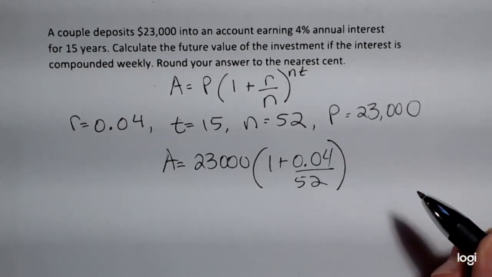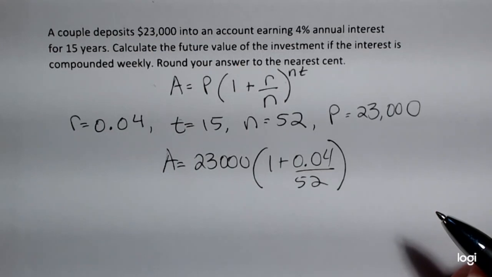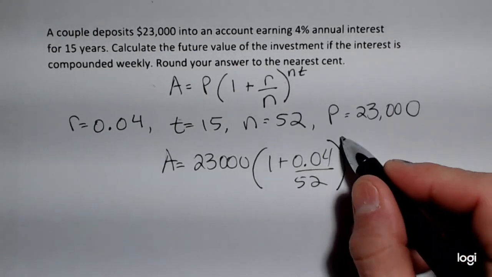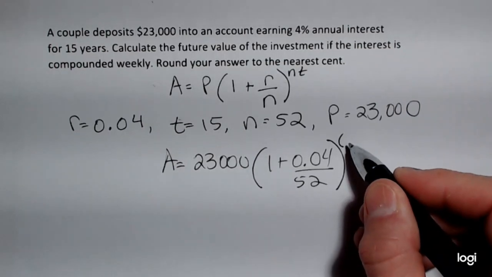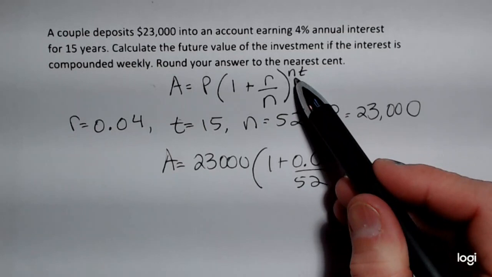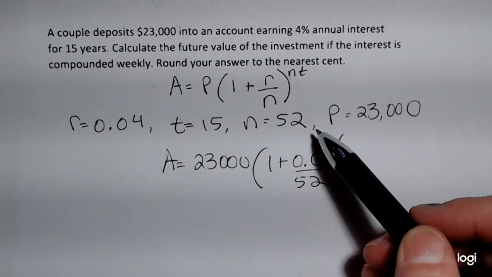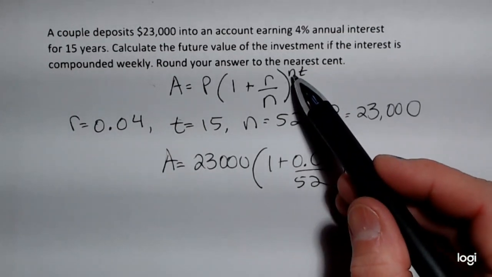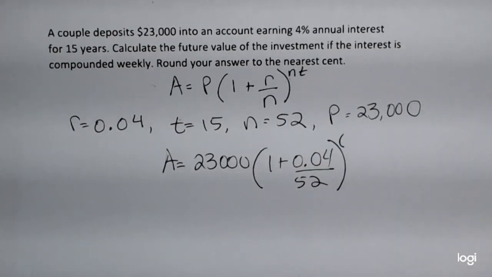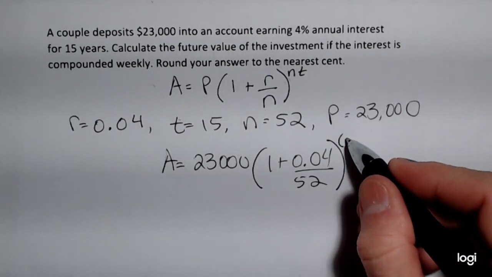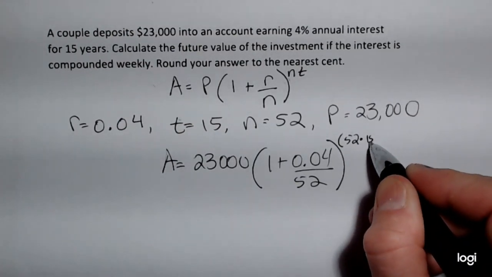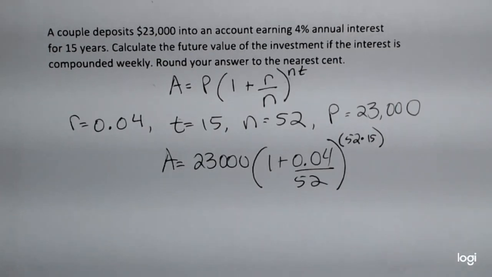When you put it into your calculator, most calculators will need you to enter this with parentheses, just so that the calculator will recognize this exponent as a product. Otherwise, if you don't put the parentheses in, it'll only raise this to the nth power and then multiply by t. So we have 52 times 15 in the exponent.